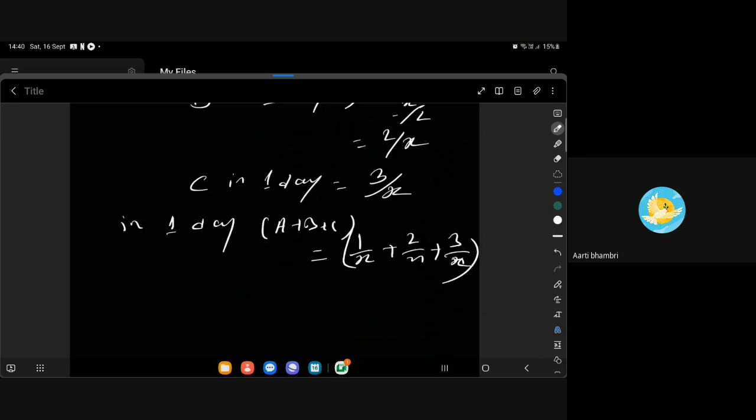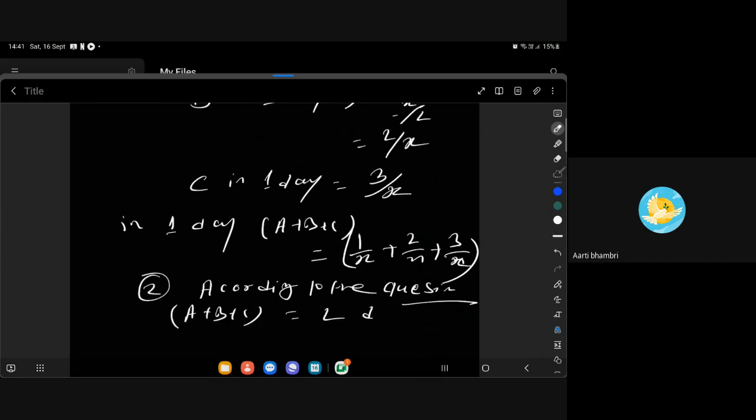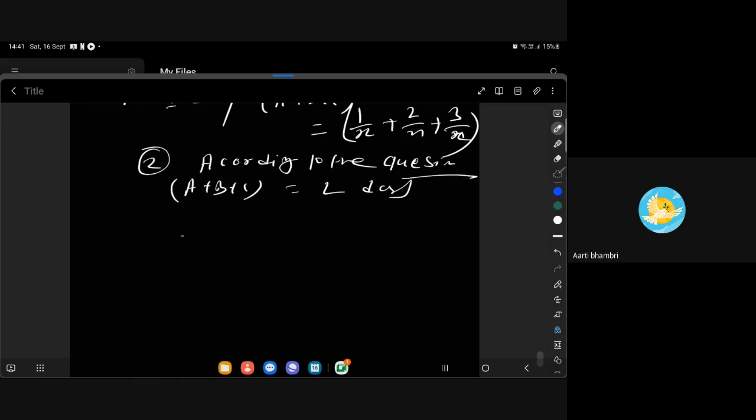And in your question, they have told you if they come together, they are completing the work in 2 days. According to the question, A plus B plus C are doing the work in 2 days. Means in 2 days, they are completing that one work.